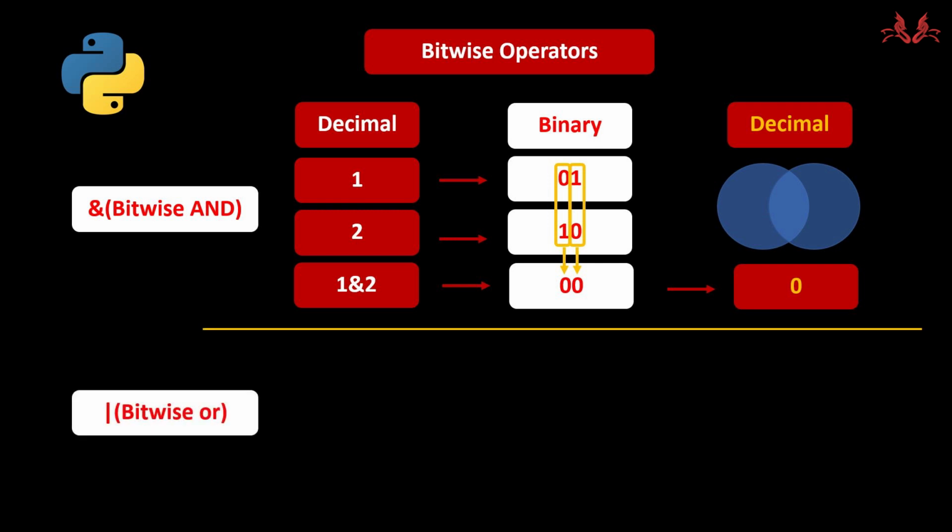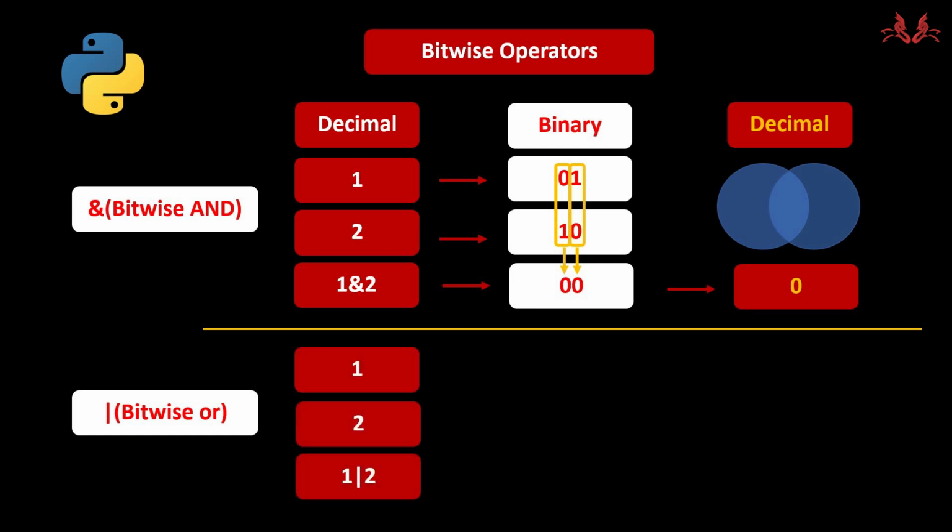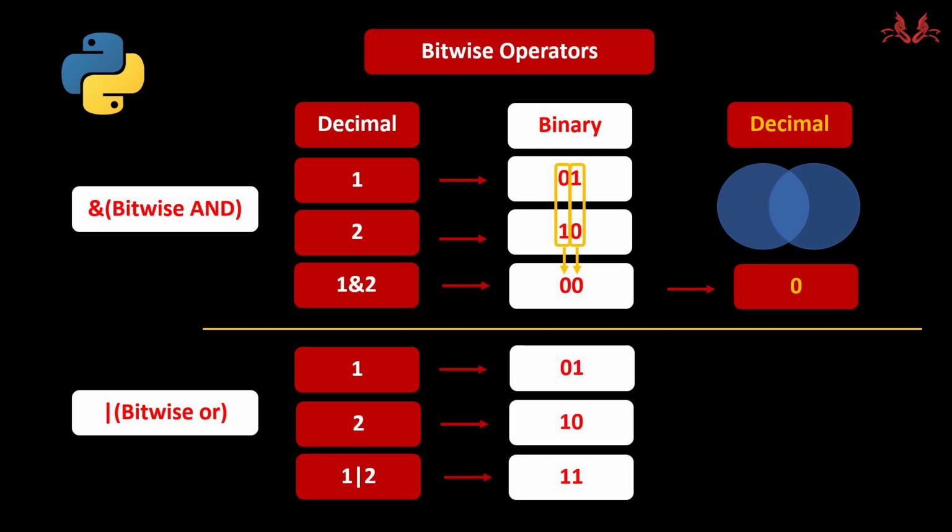Alright, in the second example, let's take a look at the bitwise OR operator. In the same situation, we use 1 and 2 to calculate with the bitwise OR operator. The binary numbers are 0, 1 and 1, 0, and we use bitwise OR to calculate it. It is the concept just like the union.